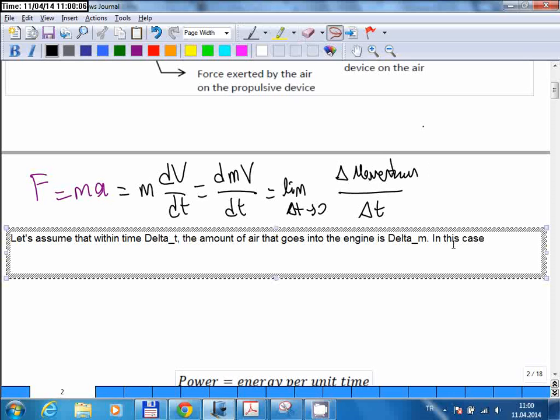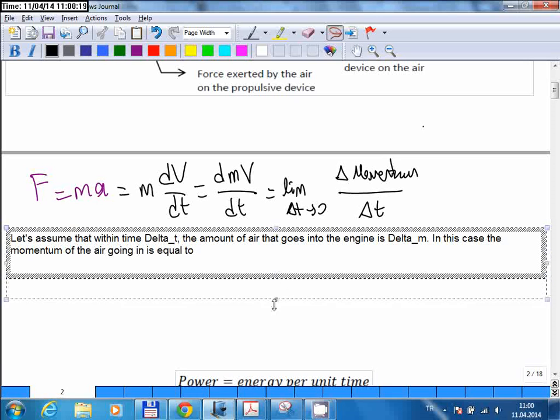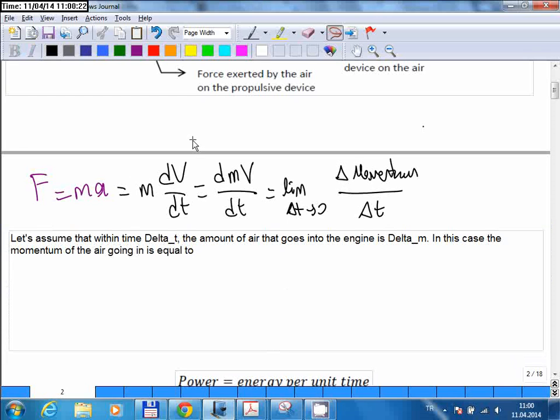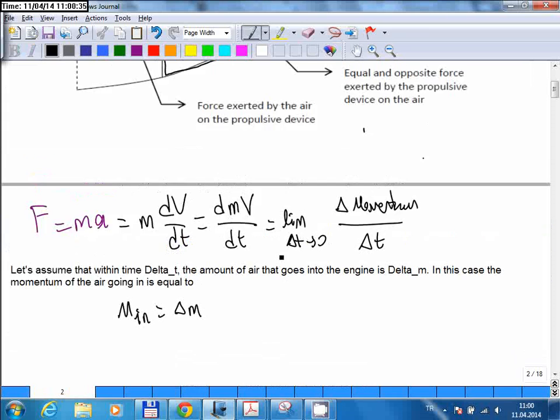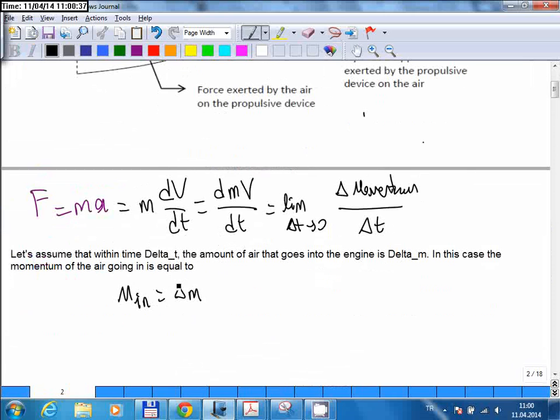In this case, the momentum of the air going in is equal to, so let me call it m in, delta m times the speed, and speed is v infinity.